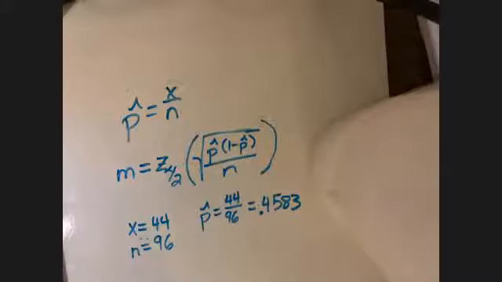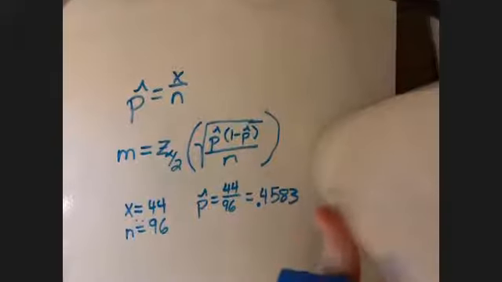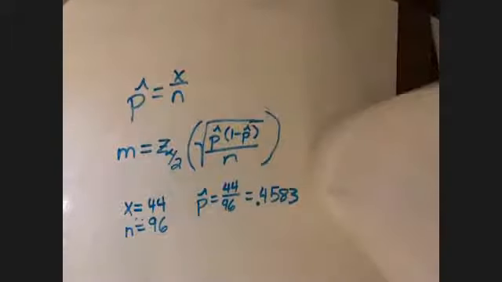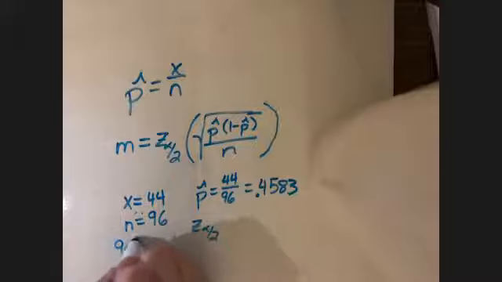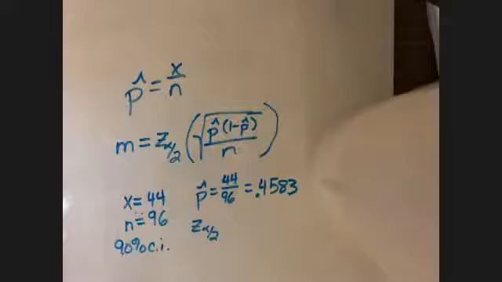Okay, I'm back. So we now have this. Now from here, if they want us to build a confidence interval, the first thing that I'm going to need to do is get my z sub alpha over 2. They want us to build a 90% confidence interval. So again, I'm going to cheat and use my little chart down here.